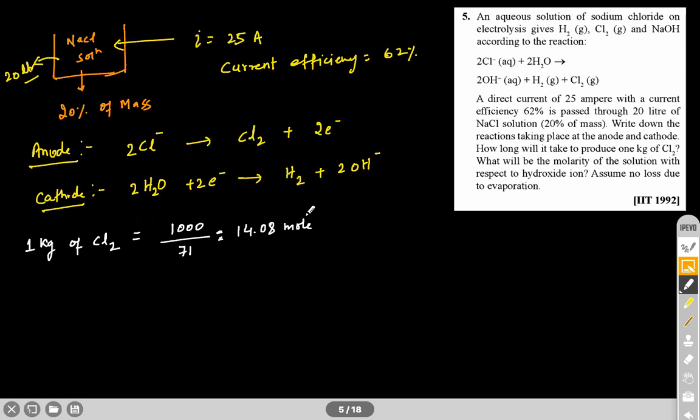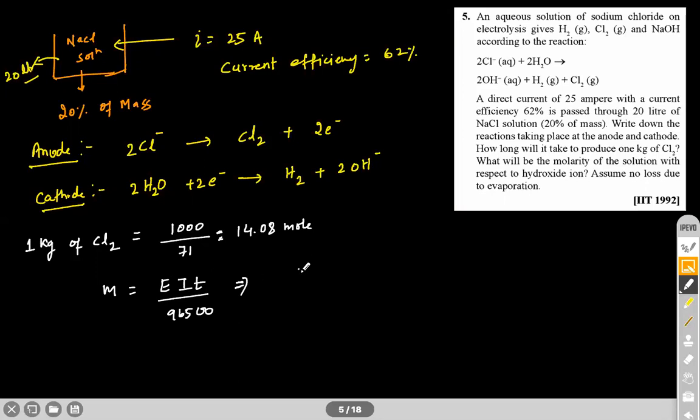Now for this Cl2 gas, we are providing this current, right? So mass M is equal to EIT by 96500. So M by E is the number of equivalents, just as we have discussed.